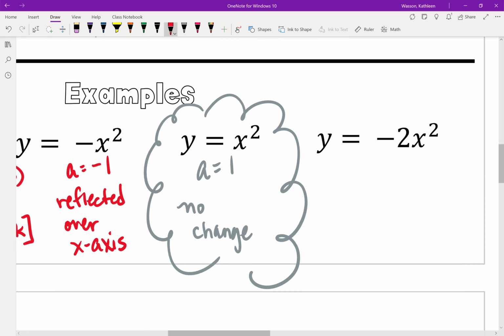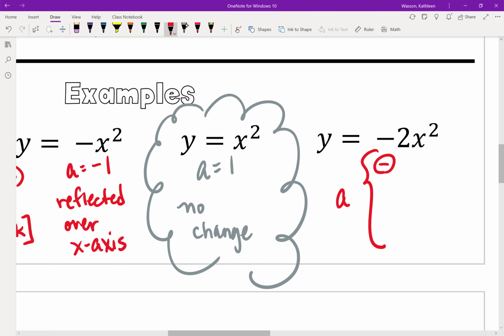And this last one, A is -2x squared. I do have some students that make an error and say that this is reflected by 2. It can't be reflected by 2. That's not how that works. What I have is A does 2 changes here. One of the changes is because it's negative.